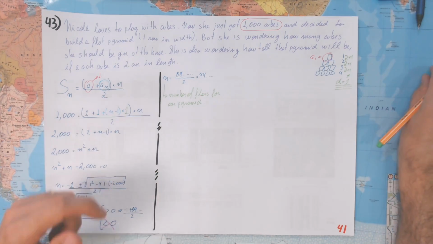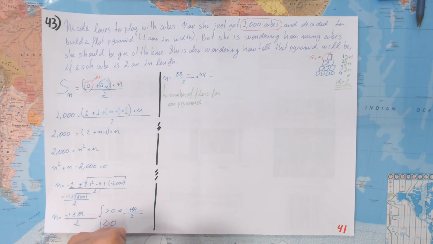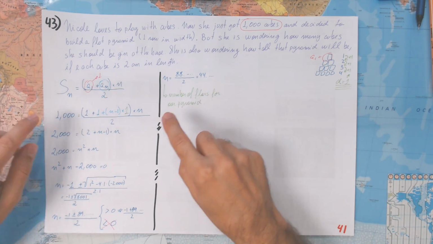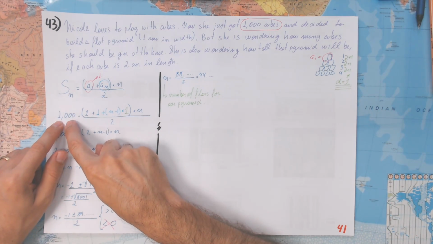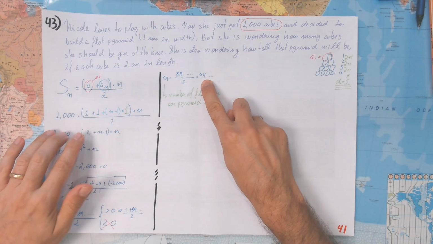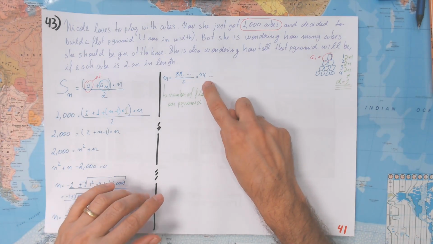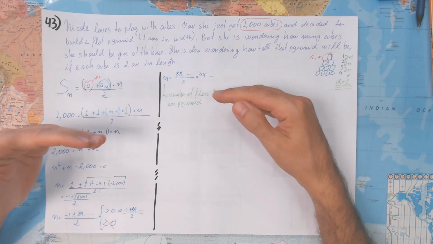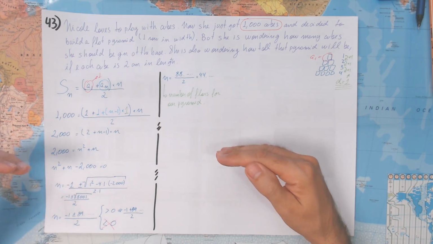Now, if n is the number of floors for our pyramids, what does that mean? It means that for 1000 cubes, we are going to get exactly 44 point something. And if we make one extra, we are going to need more.